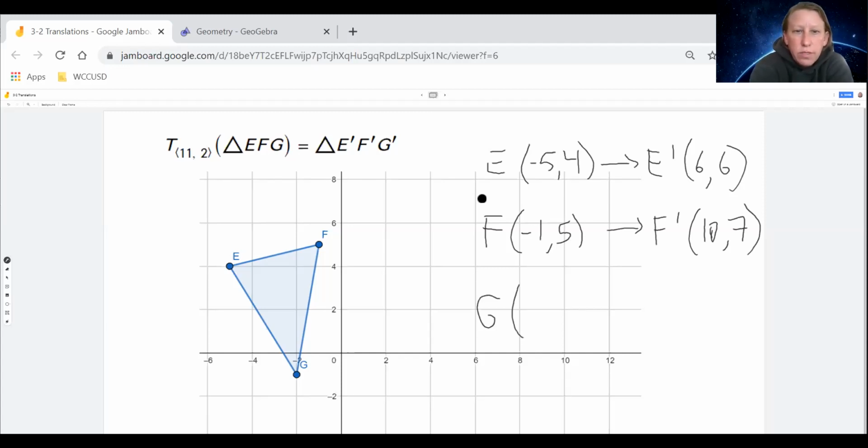And the last one was at (-2, -1). And the new one, after a translation, is going to be... oops, not 8. -2 plus 11 is 9. (9, 1). This is making sense.